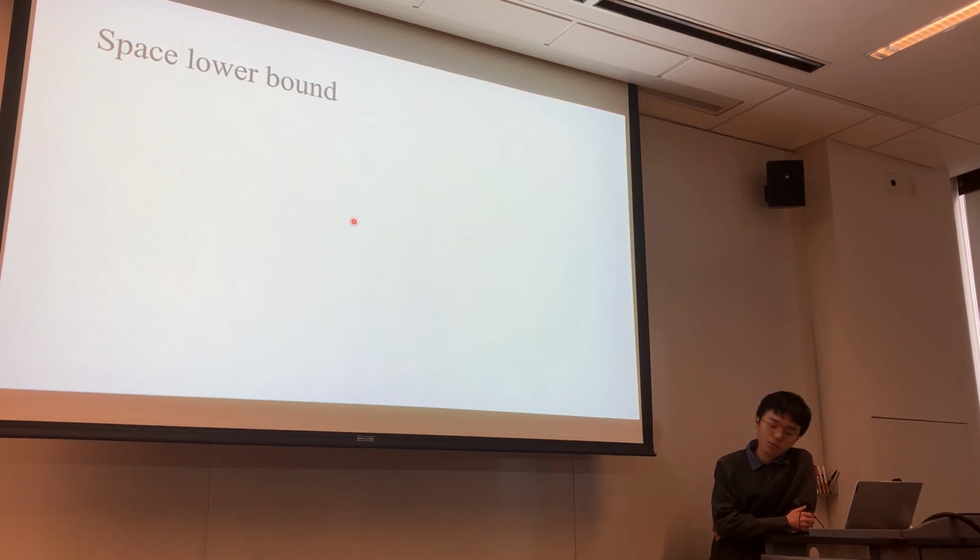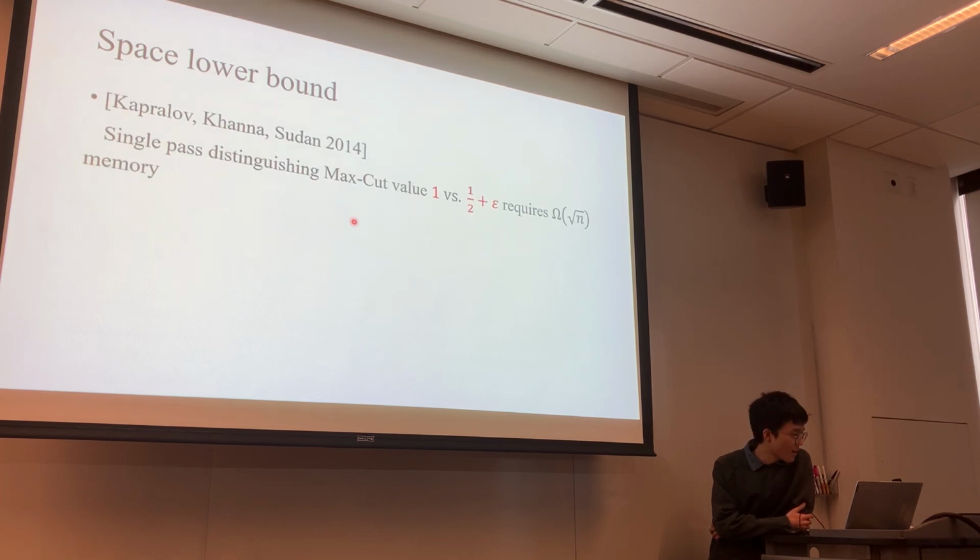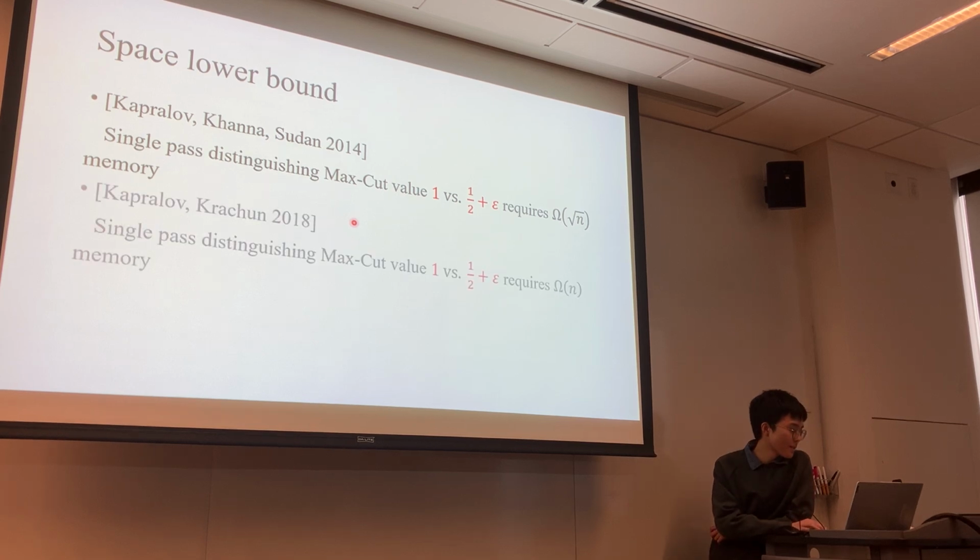And we want to talk about space lower bounds in this model for approximating max cut. It was proven by Kapralov, Khanna and Sudan in 2014 that distinguishing graphs with max cut value 1 and max cut value almost 1/2 plus epsilon requires omega root n memory in a single pass.